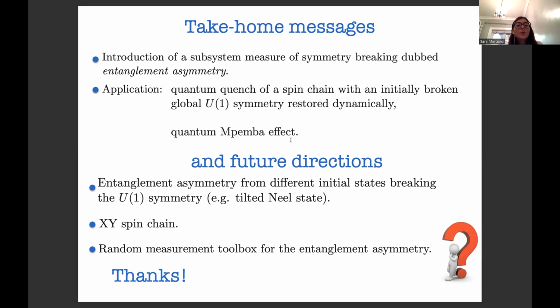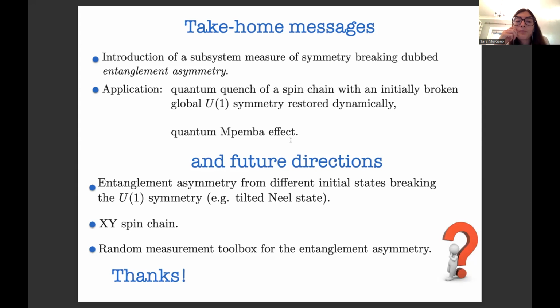Now, starting from this, there are several possible future directions that one could explore. For example, what happens if we start from a different initial state, the tilted Néel state? Is the symmetry restored again?